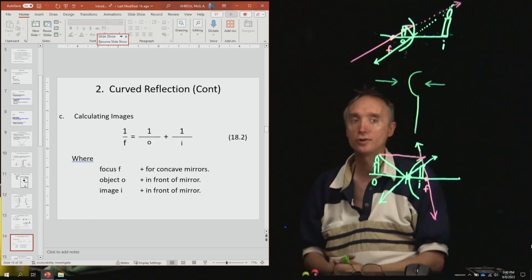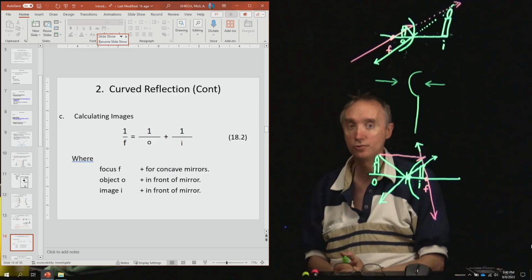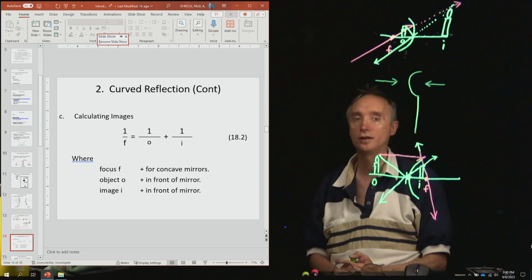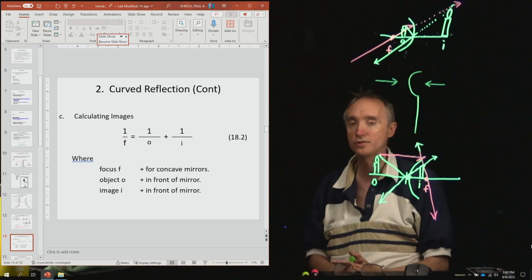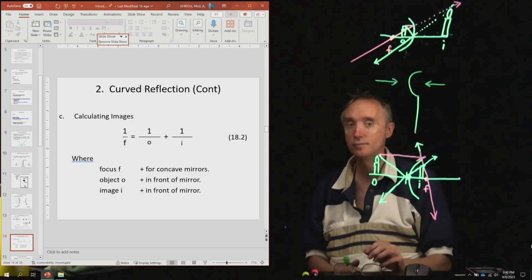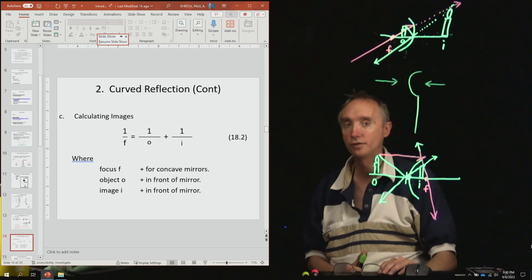You can also calculate the location of an image by using a formula. So this would be the formula that you would use in order to calculate mathematically where the image would be located in a curved mirror. And so F is going to stand for the focus, and F is going to be a positive number for a concave mirror.